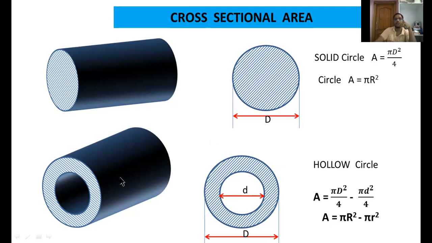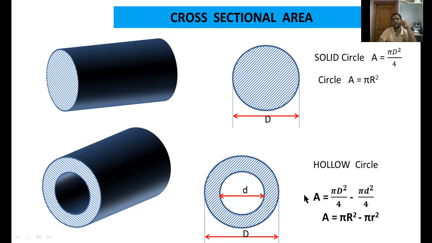Now here this is a hollow pipe. For this hollow shaft, the cross section is a hollow circle. Here the section consists of two circles. The first one is the inside circle having diameter small d, and the other circle is the larger one, the outside circle capital D. Capital D is the outer diameter and small d is the inner diameter.